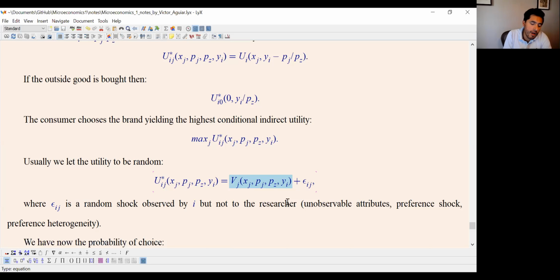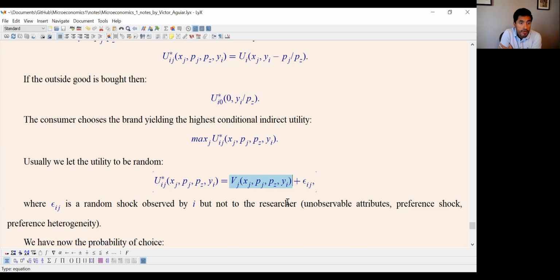When I call this epsilon random, I'm actually putting in everything that I don't understand as a modeler about behavior, right? So for instance, maybe you have a craving for rice, so that enters as a positive epsilon. Maybe you really didn't want to taste this particular flavor that you remember from this restaurant. So that's a negative epsilon, right?